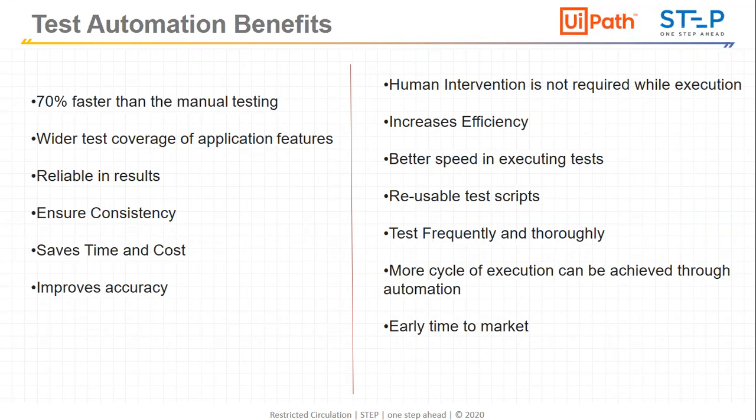Then the best speed of executing test cases, and more cycles of execution. This is like the golden statement for automation, because executing more cycles is a tedious job for the manual tester, definitely. If I want to execute 100 test cases with different types of data, then 600 test case executions will be needed.